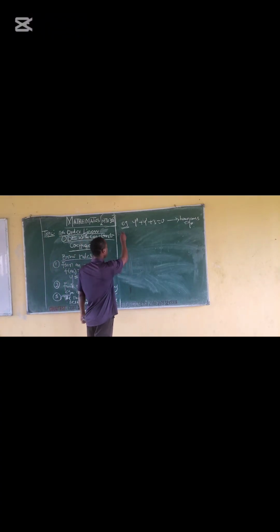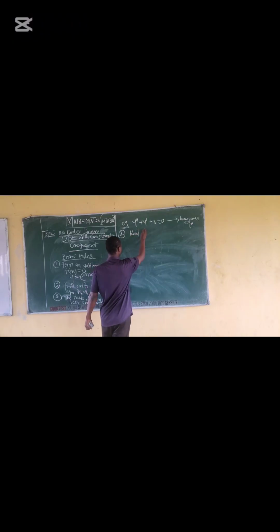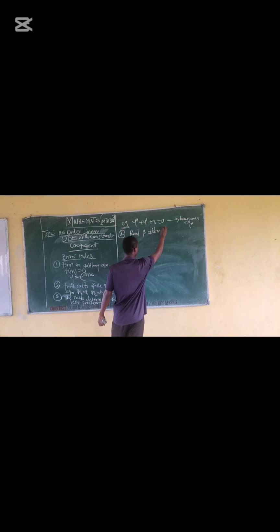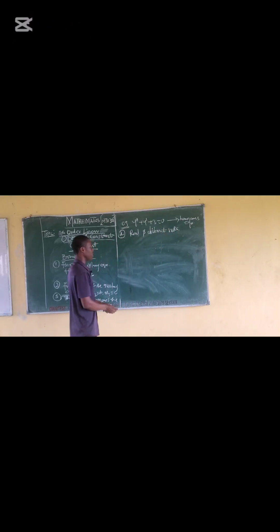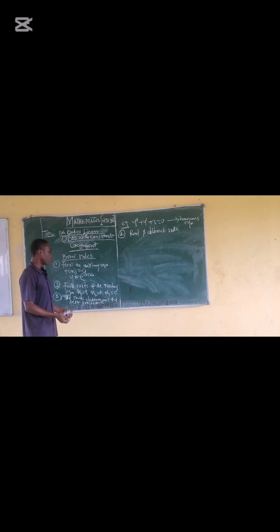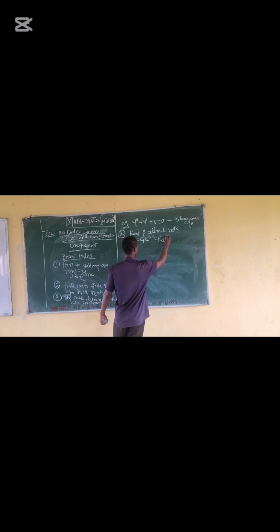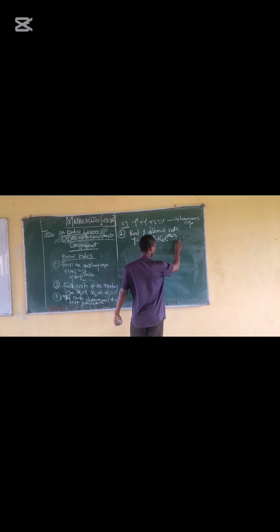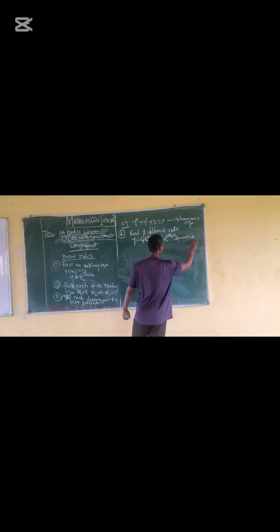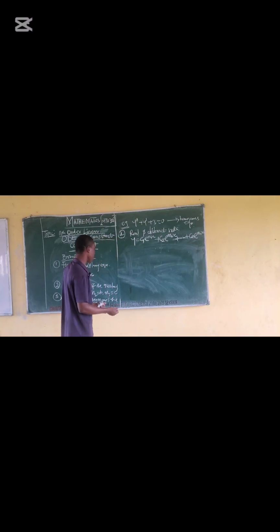So for the first rule, or first process, when we have a real and distinct root, if you are forming an auxiliary equation for a real and distinct root, it is going to be y equal to c1 exponential m1x plus c2 exponential m2x, and it continues in that form to cn exponential mnx, which means that my c1, c2 and c3 will be the values I will look for in order for me to form a particular solution.